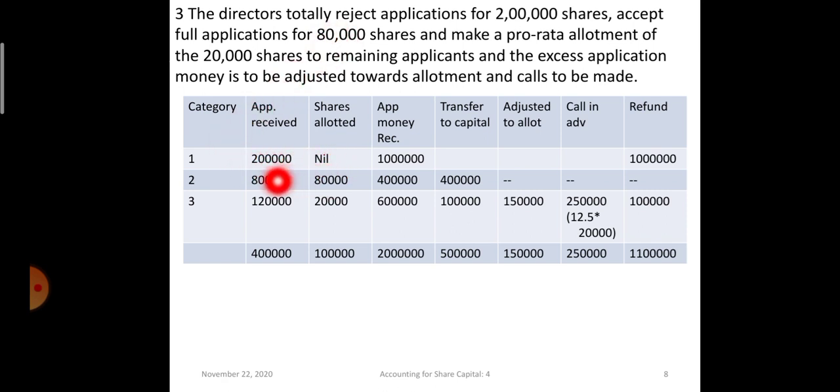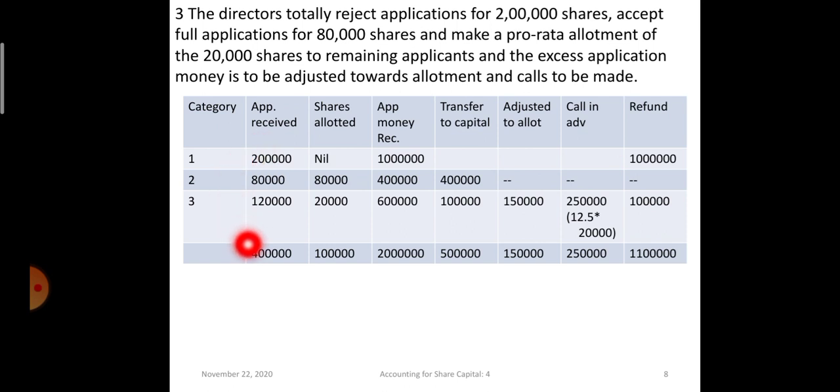At the rate of rupees 5 on these 80,000 shares, 80,000 into 5 is 4 lakh, which is transferred to the capital. No balance is left, so no money will be refunded.